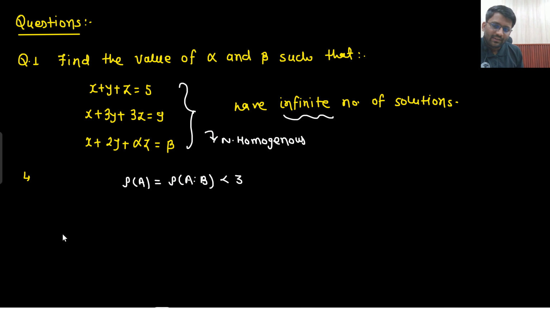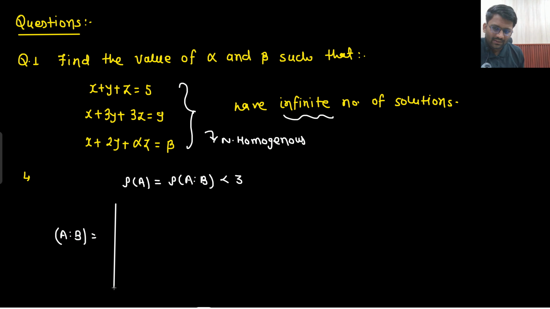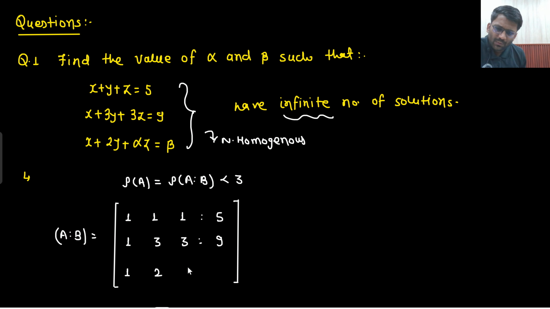This is our target. So can I make A augmented B? Because if I make A augmented B, I will be able to see matrix A as well, since A augmented B contains matrix A. So I am making the A augmented B matrix: 1, 1, 1, 5; 1, 3, 3, 9; 1, 2, alpha, beta.